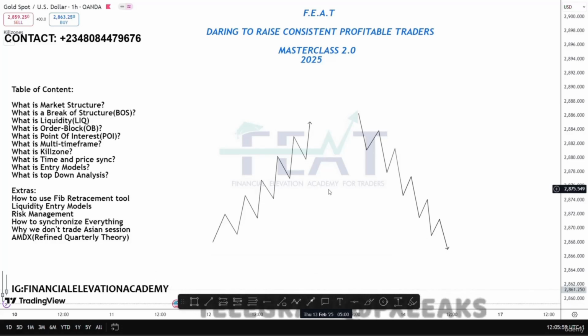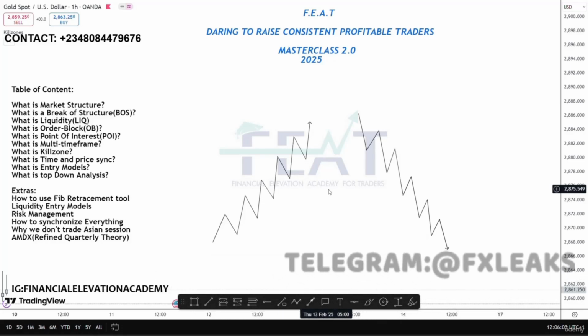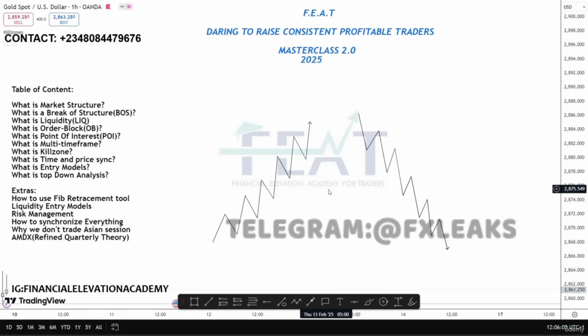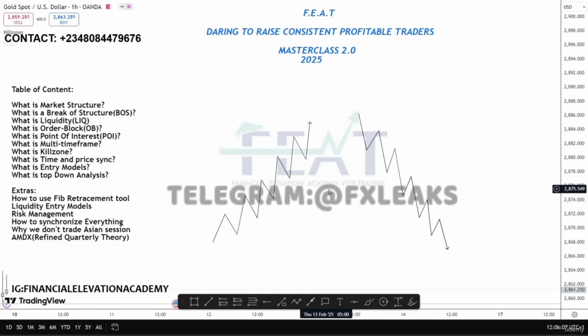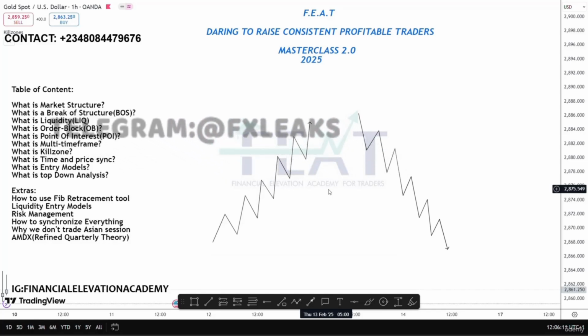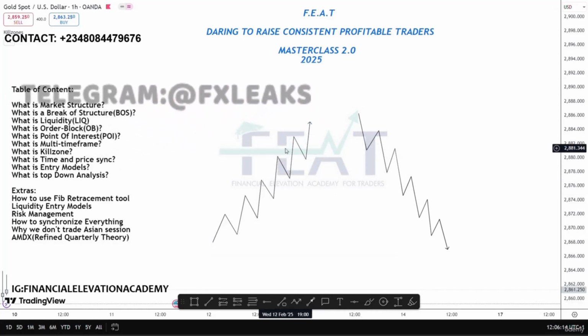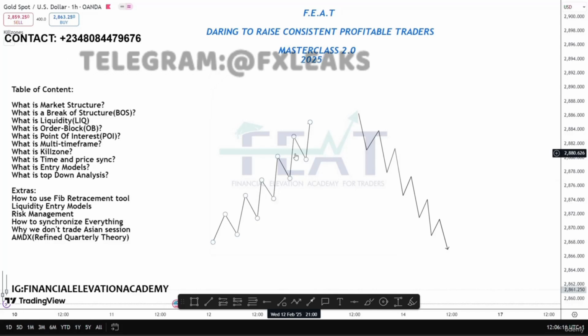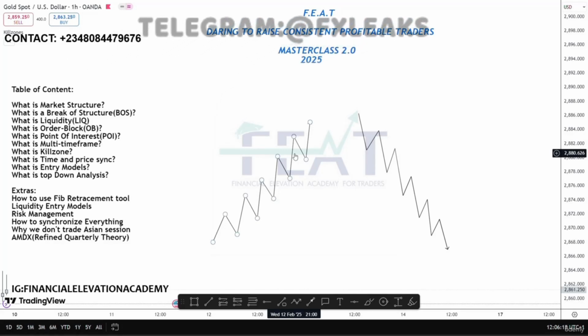Let's say we are bullish and now we want to become bearish. So the break of structure helps us to see that okay, the market has changed from one structure to another structure. Hence, I would show you in details how to identify a break of structure.